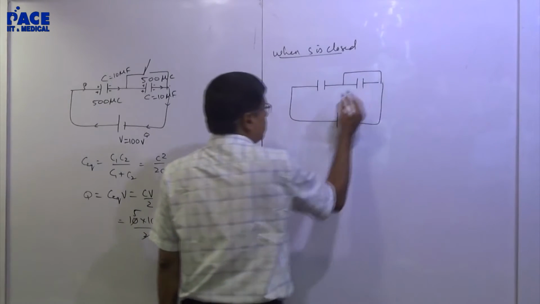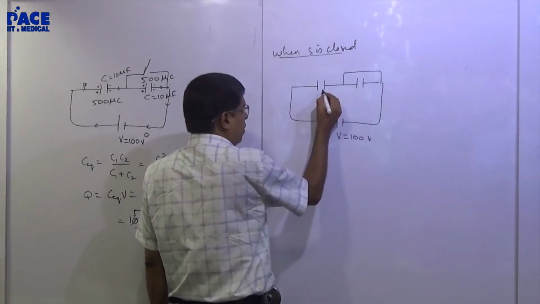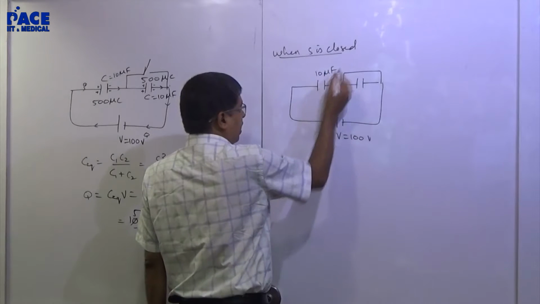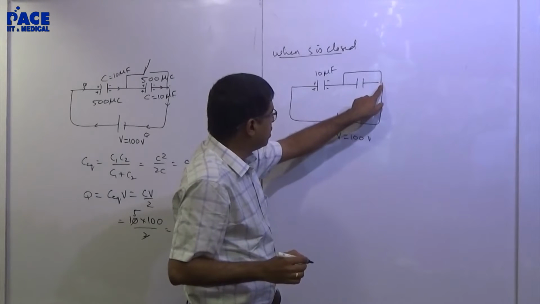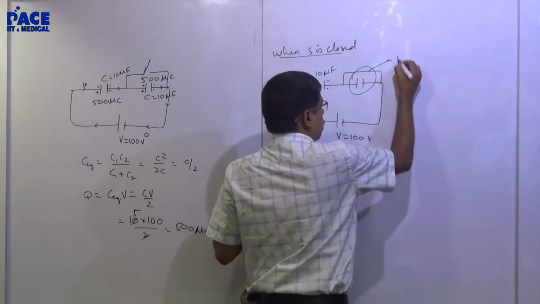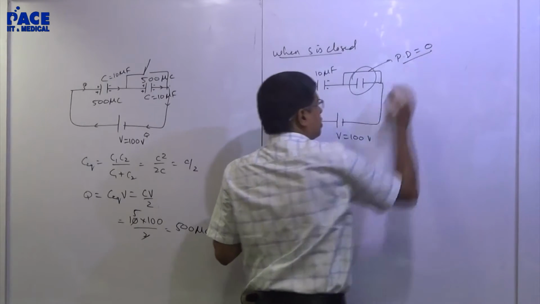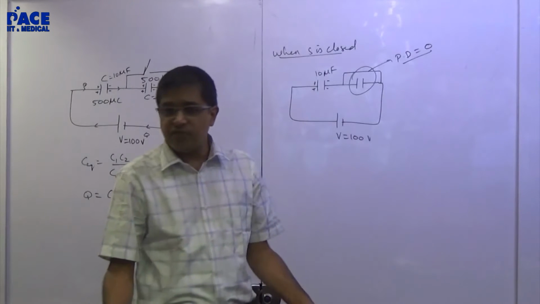You have closed the switch. Whole of 100 volts will appear across this 10 microfarad capacitor. Why? You connected this and this, so the potential difference across this component will become 0. Why will the potential difference become 0?